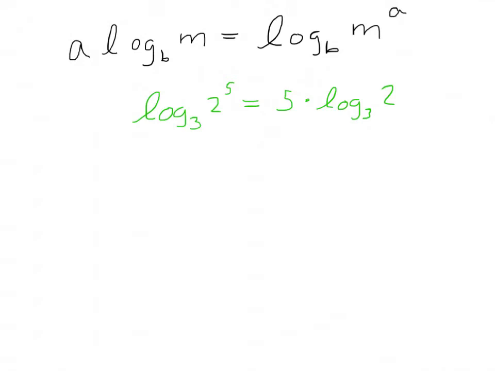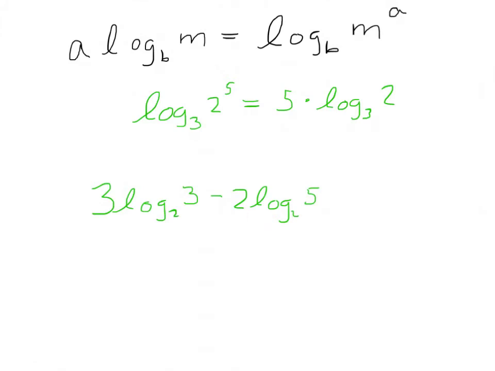So as one quick example of this one, if I had 3 times the log base 2 of 3 minus 2 times the log base 2 of 5, we're excited that there's subtraction, which means we can divide things, but I can't do that until I've dealt with these powers, right?